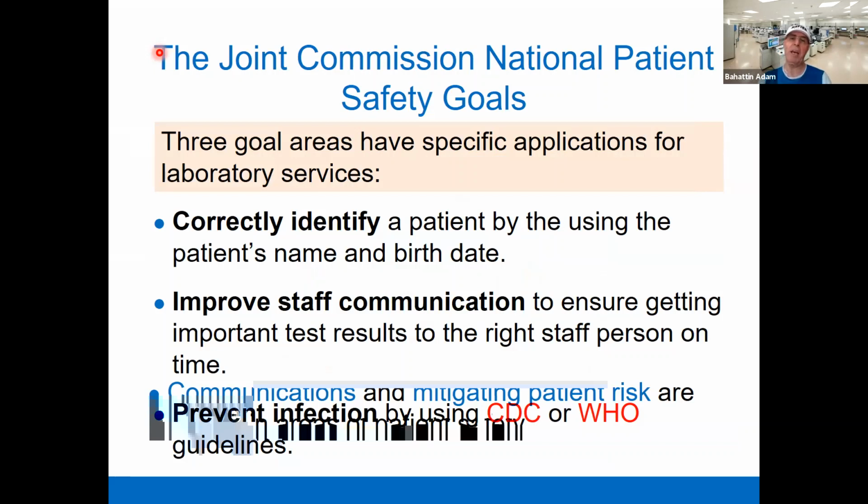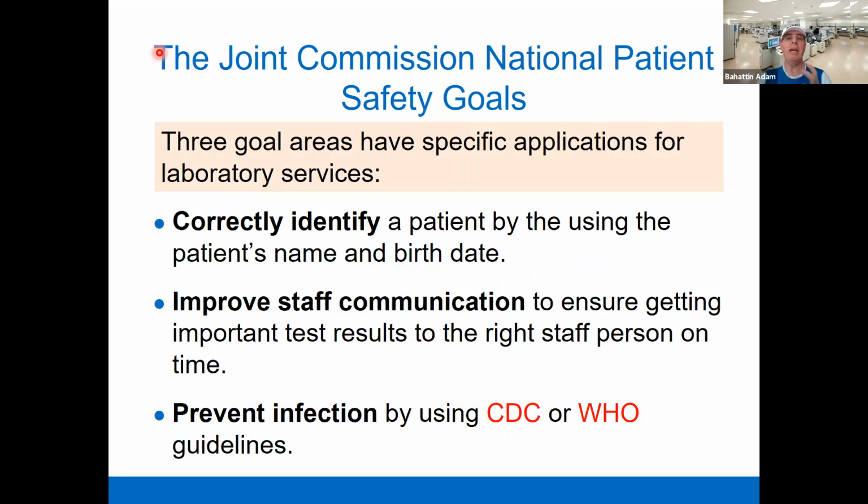Correctly identifying patients by using at least two identifiers, such as the patient's name and birth date, is really crucial. Also, prevention of infection by using CDC and WHO guidelines is essential to protect our patients and our staff.